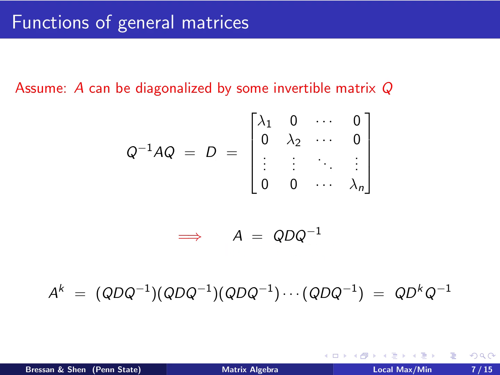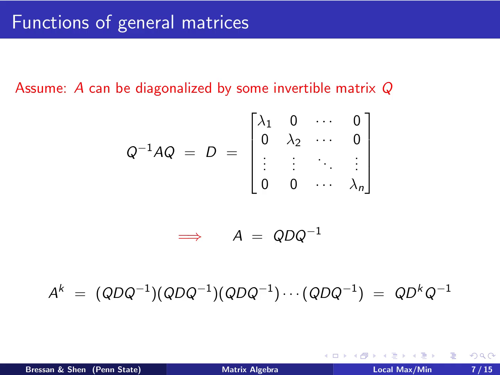And now we can work out the power of this matrix A. A to the power k would be this term multiplied by itself k times. So we write them out like that, k times. And then let's look at two neighboring terms. We will have Q inverse times Q, and that will give us identity, so we can drop. And again, Q inverse times Q, that's an identity, we can drop.